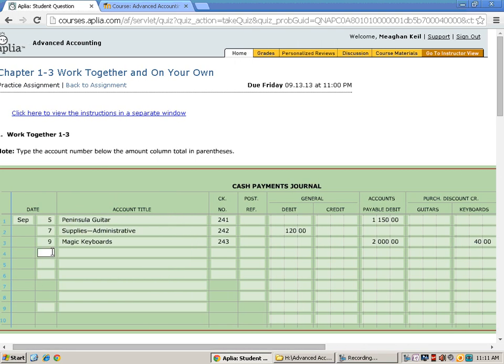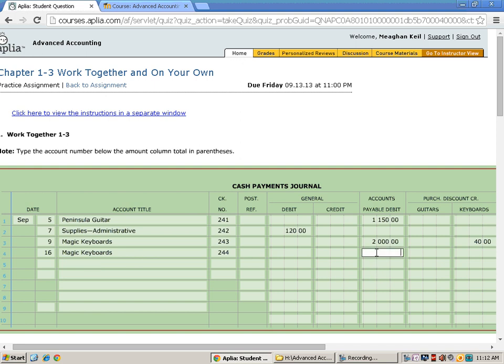Alrighty. Our next transaction was on September 16th. We paid cash on account for keyboards for Magic Keyboards, covering P361 for $1,800, less a 2% discount, check 244. So we're paying Magic Keyboards again. And this time, we're still buying keyboards.